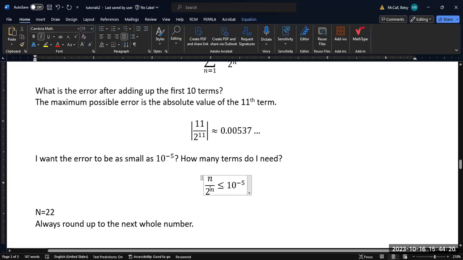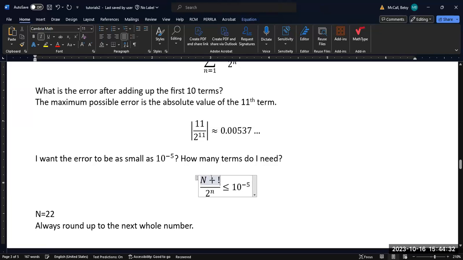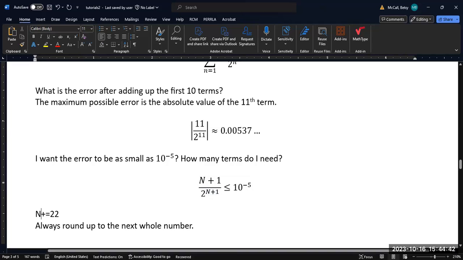Now, this is the one thing to kind of keep in mind. This n equals 22 term is where the error is this small. So technically, this is n plus 1 over 2 to the n plus 1. So when I solve this n plus 1 to be 22, that 22nd term is the error term.